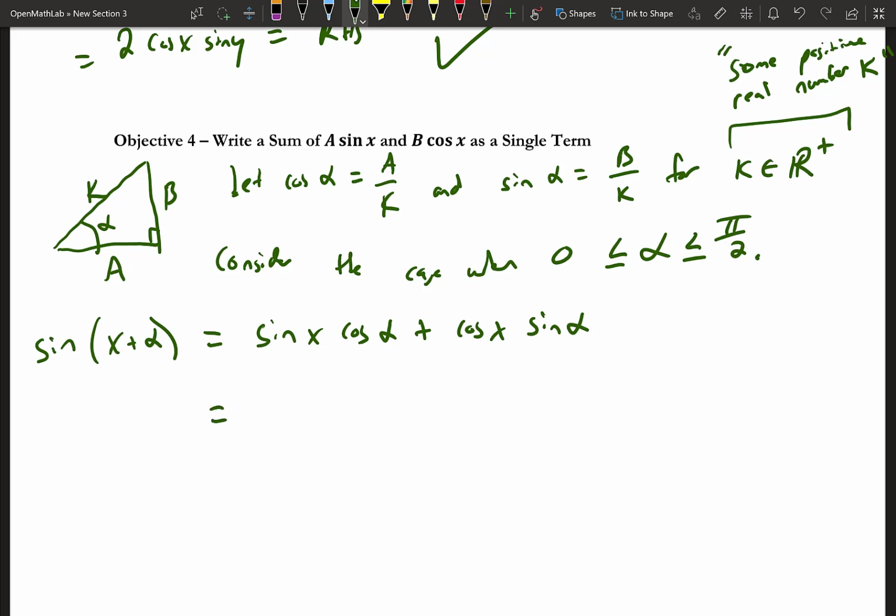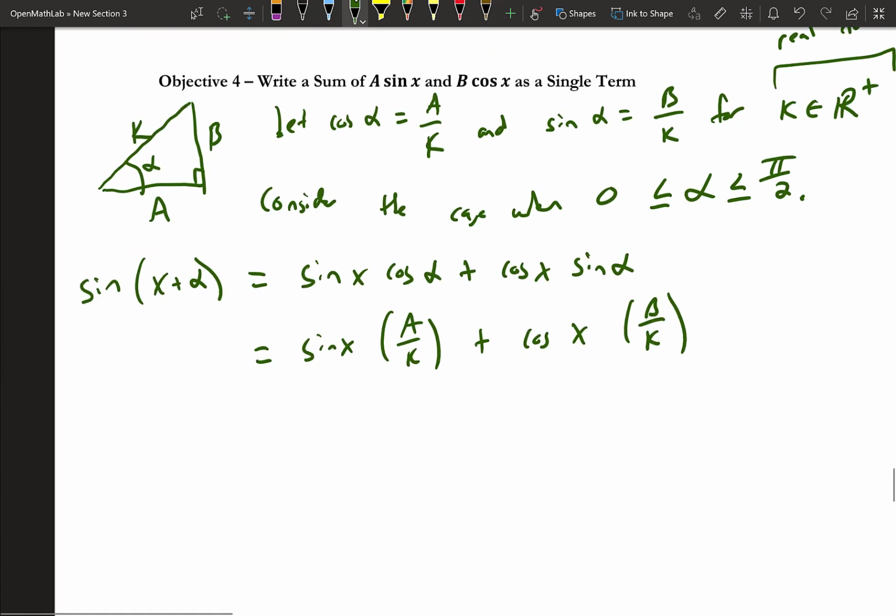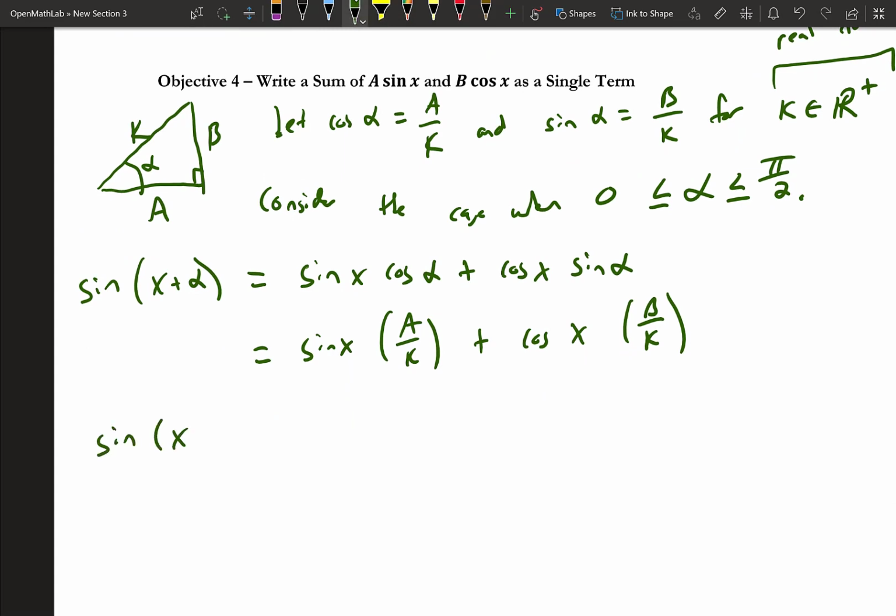So this would be equal to sine x times a over k plus cosine x times b over k. So far, what I have is that sine of (x + alpha) is equal to sine x times a over k plus cosine x times b over k.